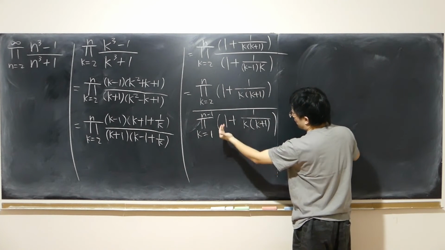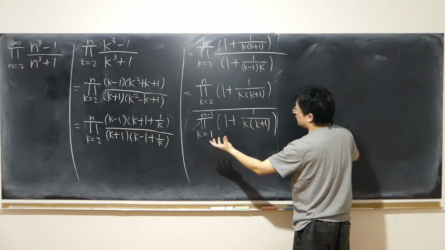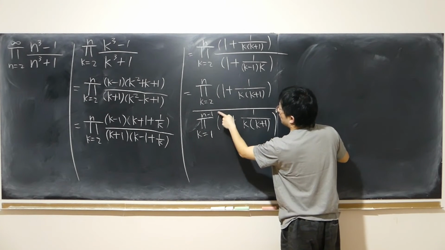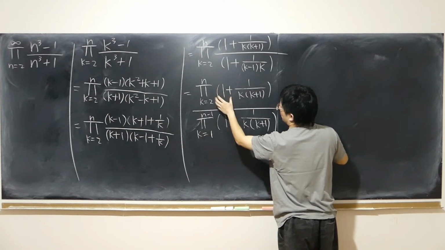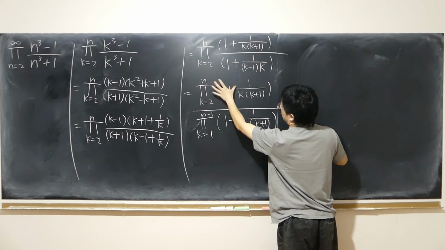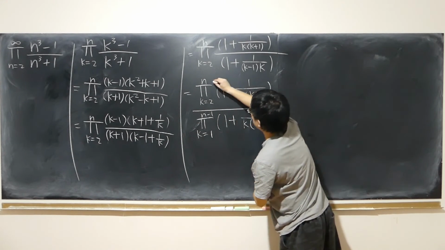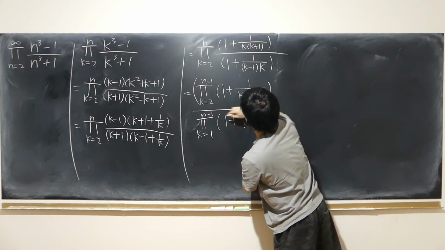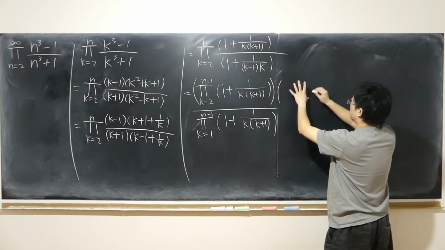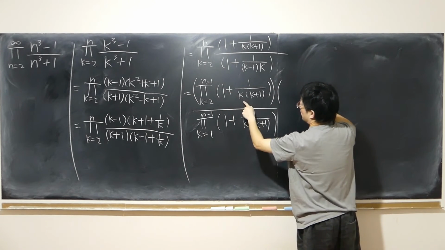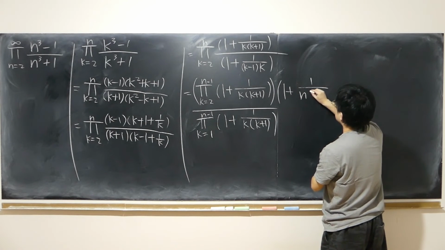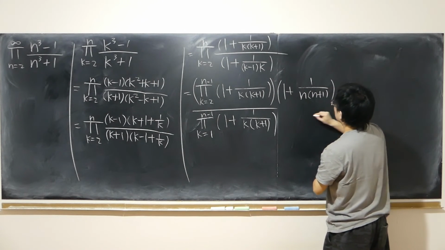If we want to cancel everything out, first here we end with n, and I want to end also with n minus 1, so I take out the last term. I only end with n minus 1. Separate the last term out: when k equals n, we have 1 plus 1 over n times n plus 1.